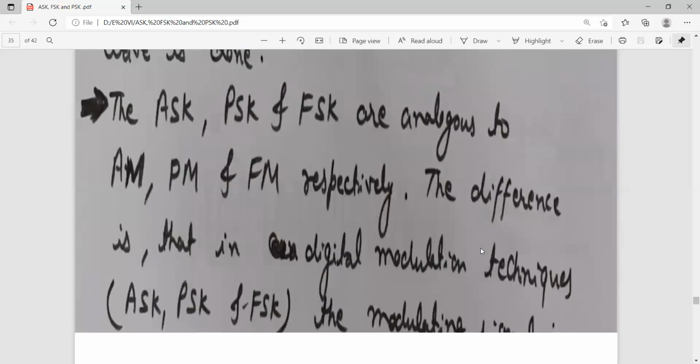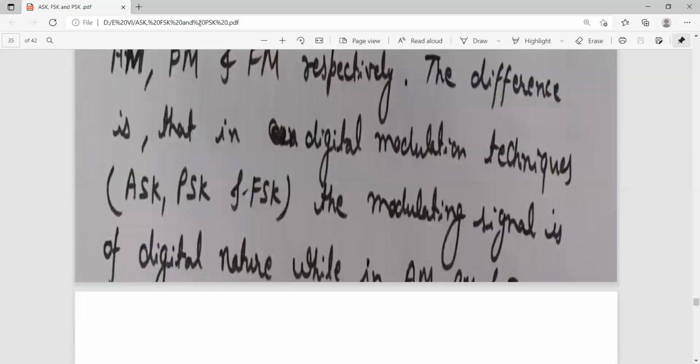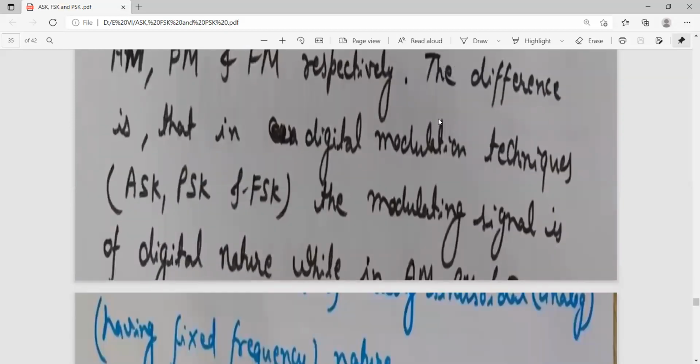So here there are three different types: amplitude modulation, frequency modulation, then phase modulation. In digital modulation, they are called ASK, FSK and PSK. The basic difference is that in digital modulation techniques ASK, PSK and FSK, the modulating signal is of digital nature.